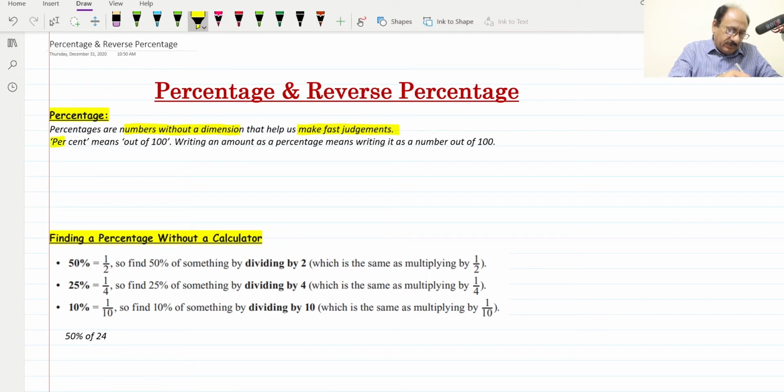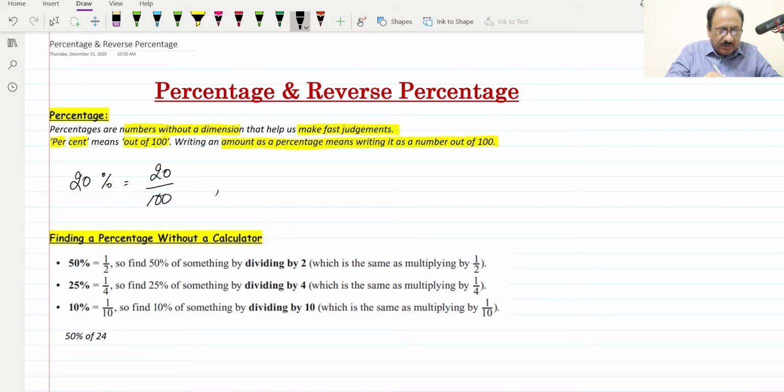If we write percent, it means out of 100. Writing an amount as a percentage means writing it as a number out of 100. For example, if we write 20%, it will mean 20 out of 100.